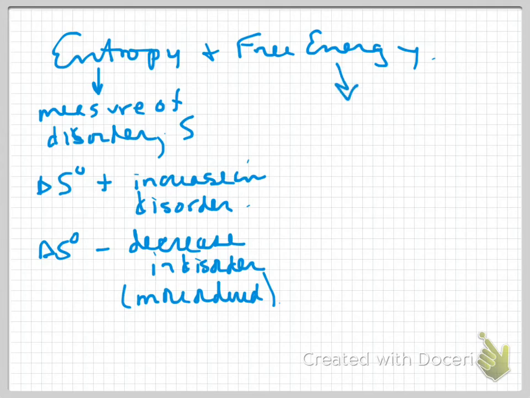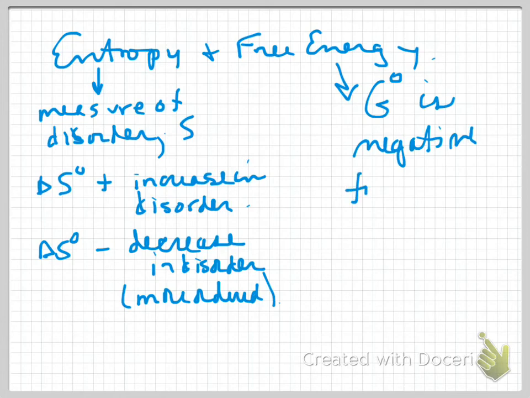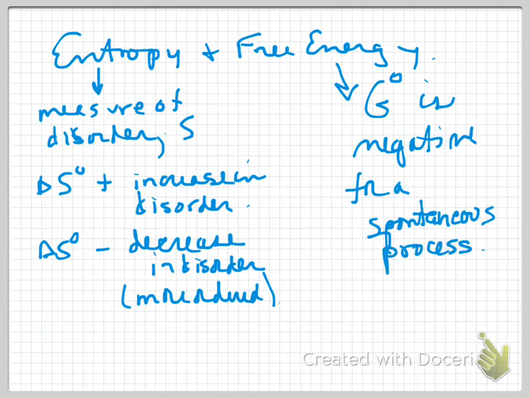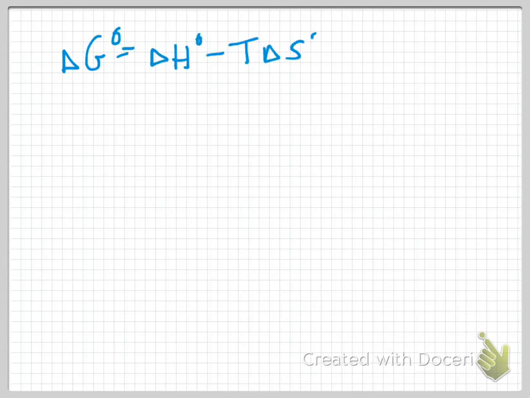Free energy is G, and G will be negative for a spontaneous process. And remember, looking at an equation, delta G is equal to delta H minus T delta S at standard state.